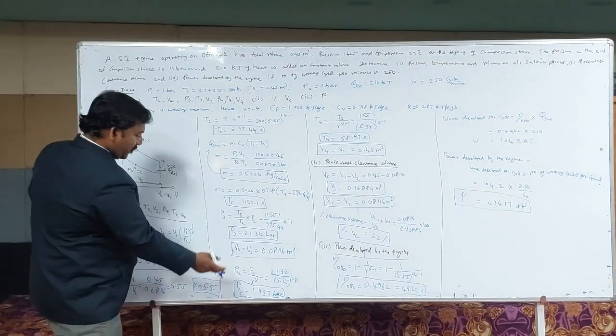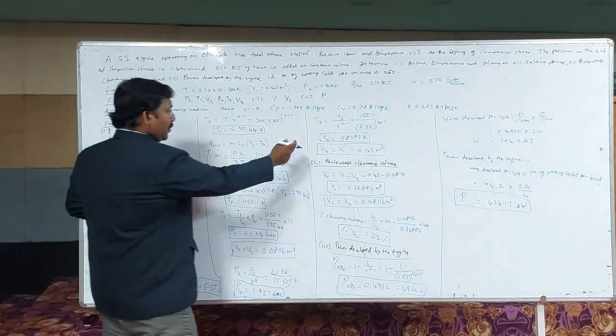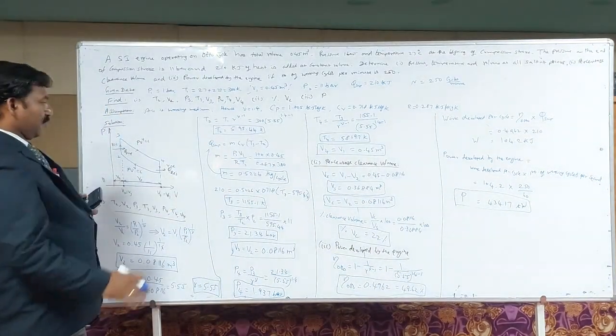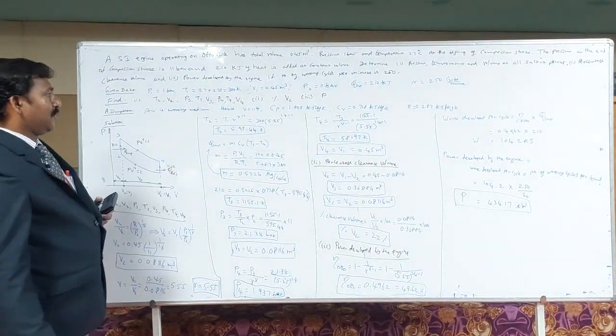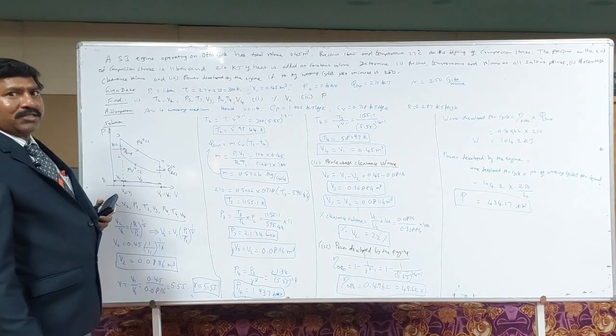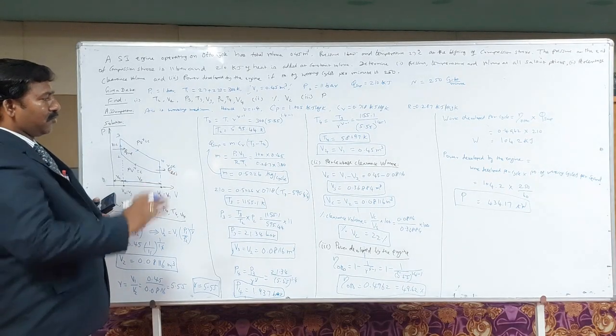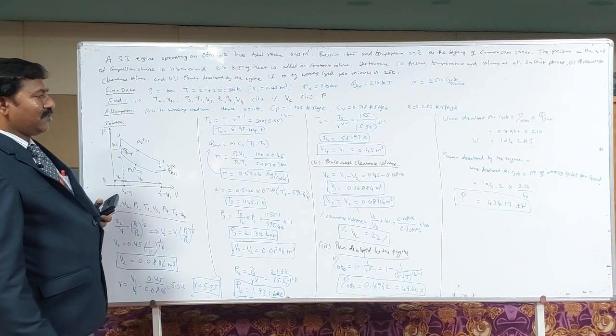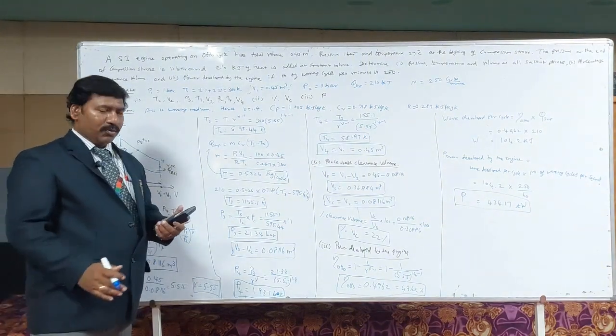And 3 to 4 is an expansion process, so the temperature will get reduced. 4 to 1 is a heat rejection process, so the heat is rejected to the atmosphere. And the total power developed in this SI engine is 434.17 kilowatt.